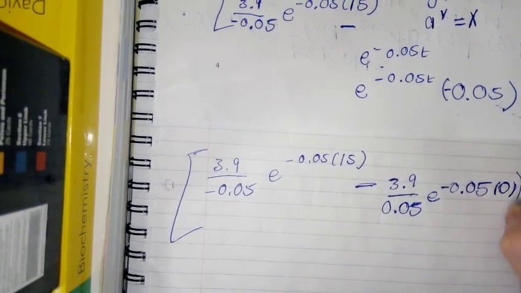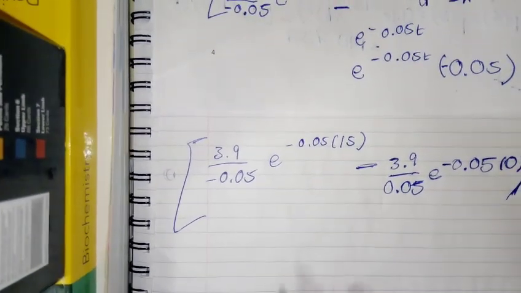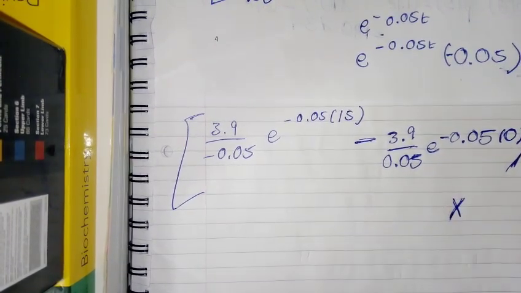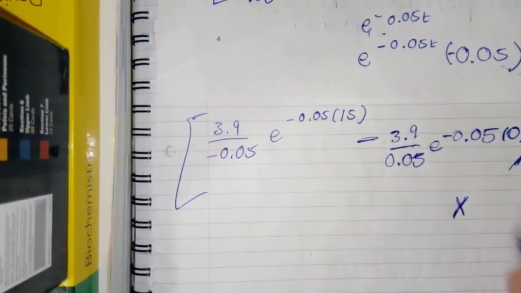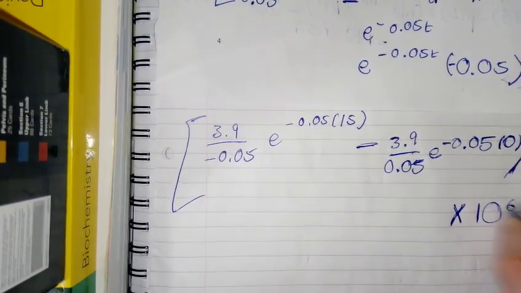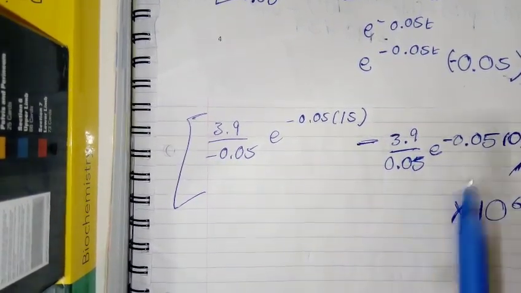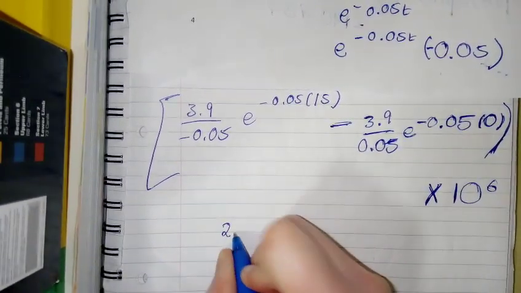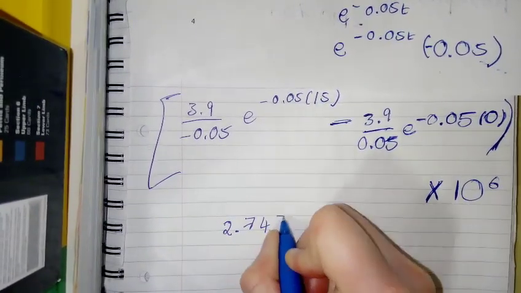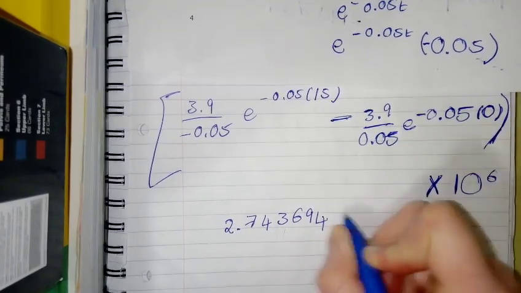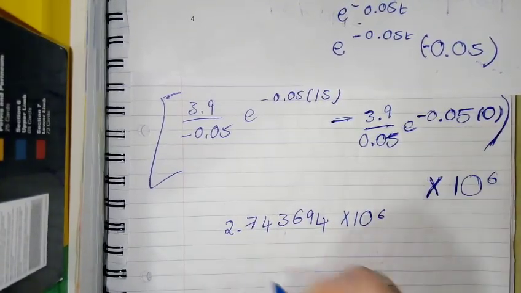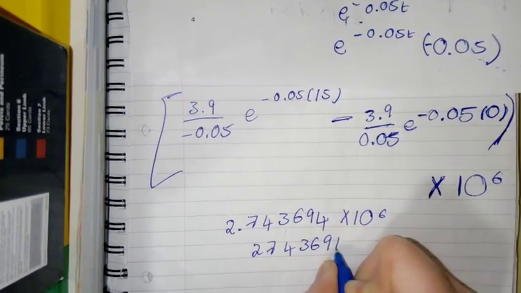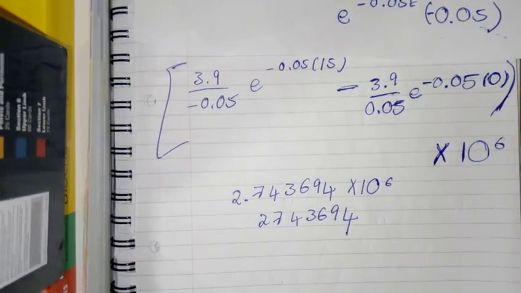So we're getting the average. At the end we have to multiply it by 10 to the power of 6. So to get the average, we subtract these, and when we do that, we get 2.743694 by 10 to the power of 6, and that gives us 2,743,694. So that's our average over those 15 years.